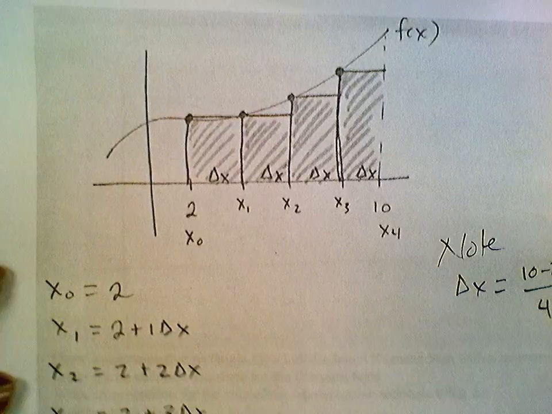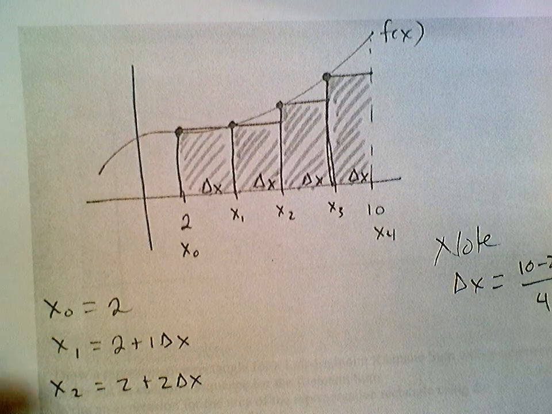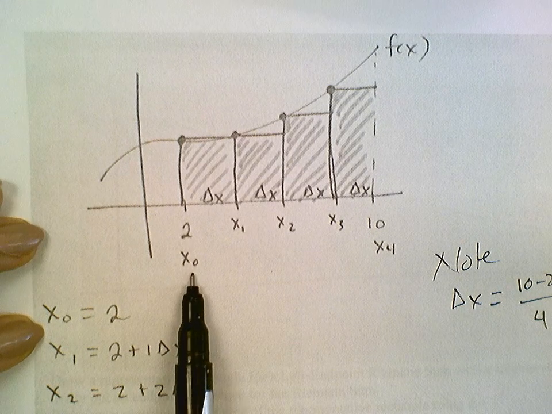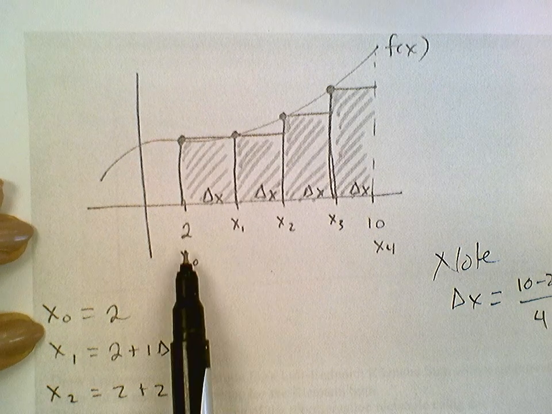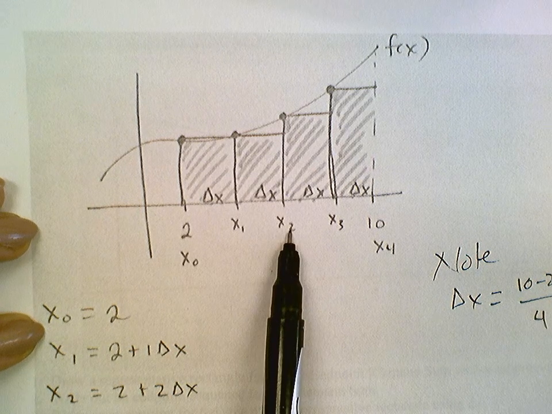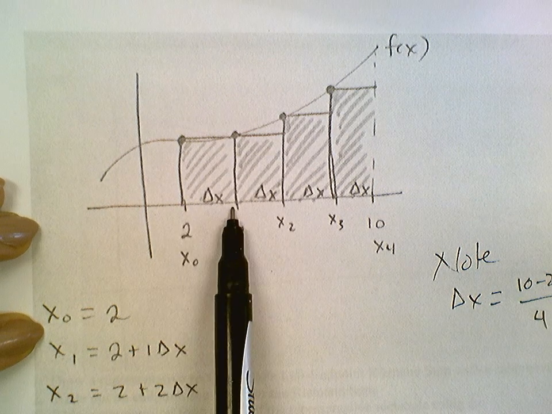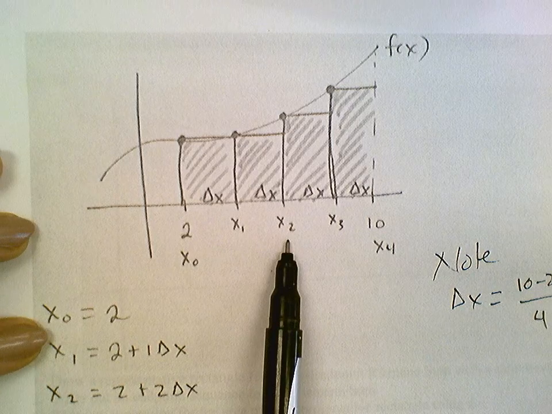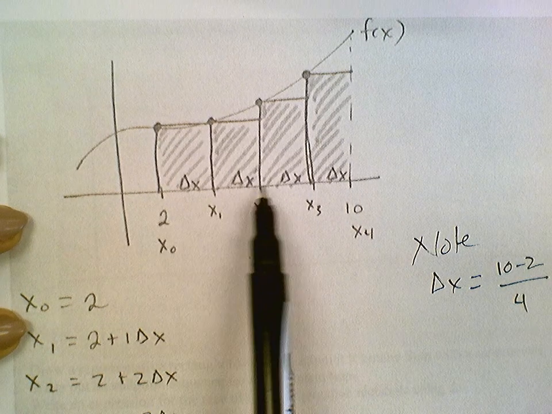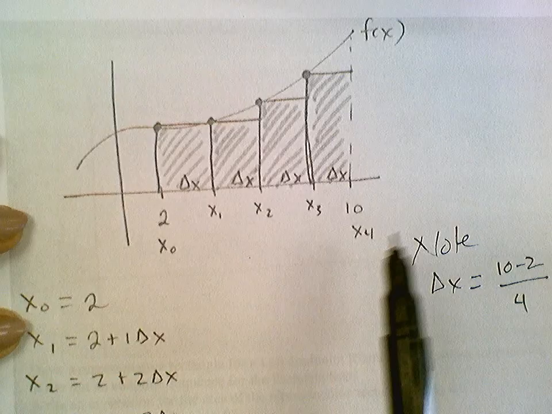All right, so same as before, we have this x value sequence. So x sub 0 is 2, just like before. X sub 1 is 2 plus 1 delta x. X sub 2 is 2 plus 2 delta x's. X sub 3 is 2 plus 1, 2, 3 delta x's.